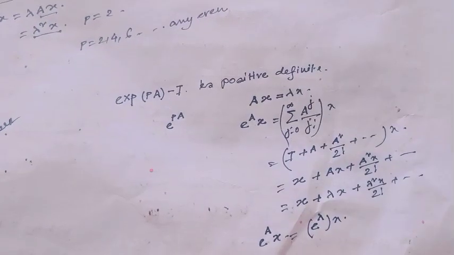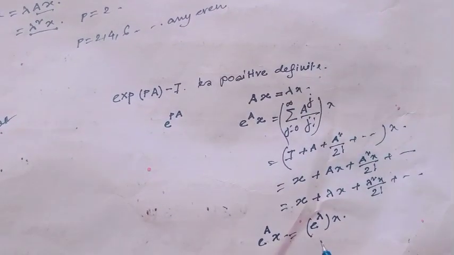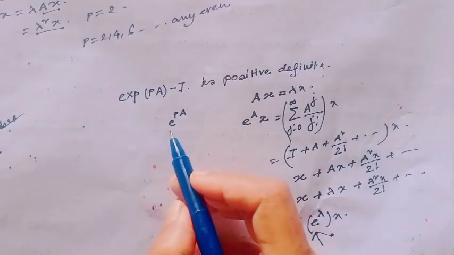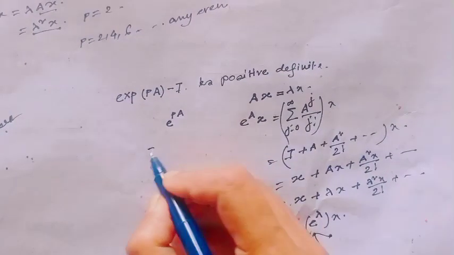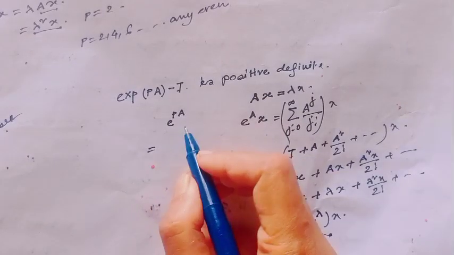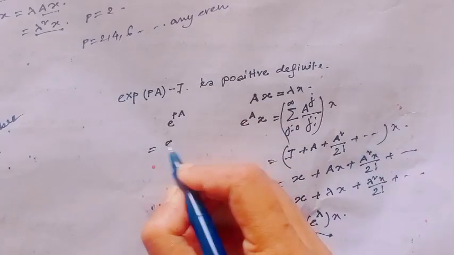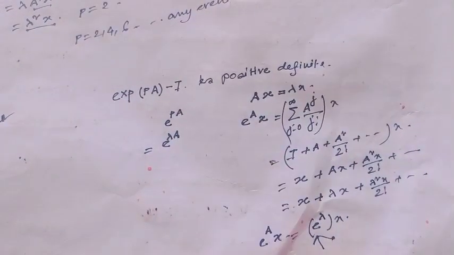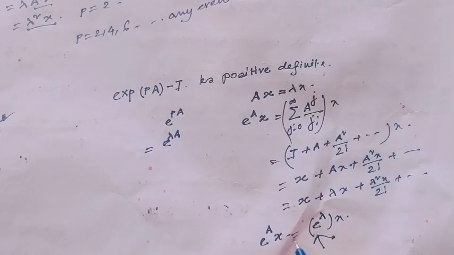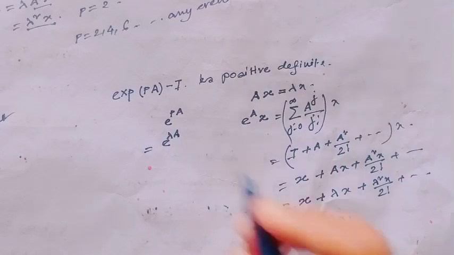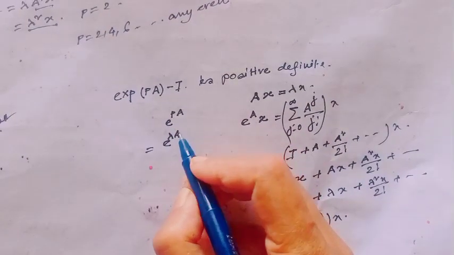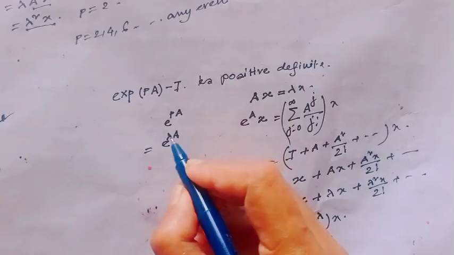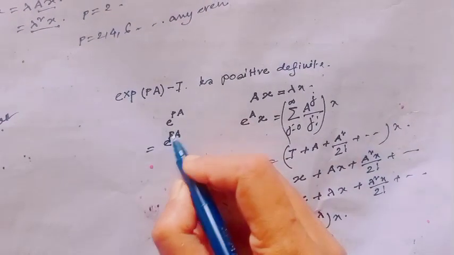That means the eigenvalue of e to the power A is e to the power lambda. So here, for e to the power pA, the eigenvalue of e to the power pA would be e to the power p times lambda.